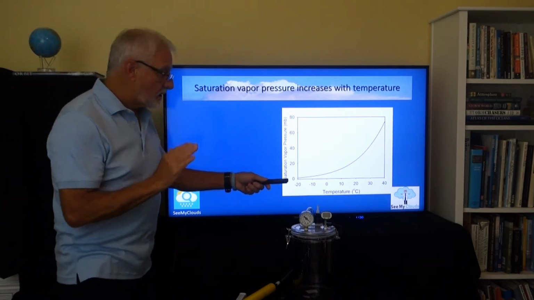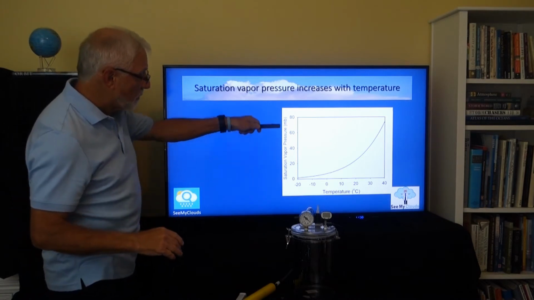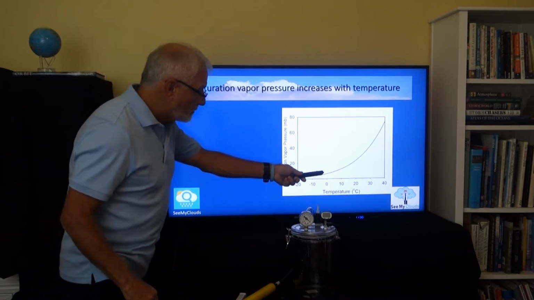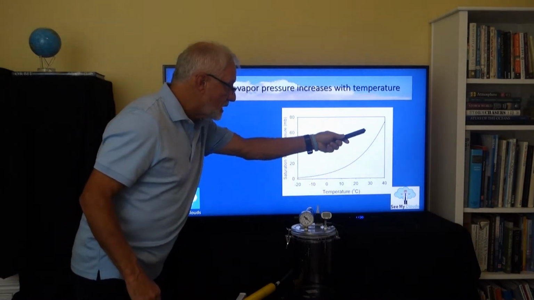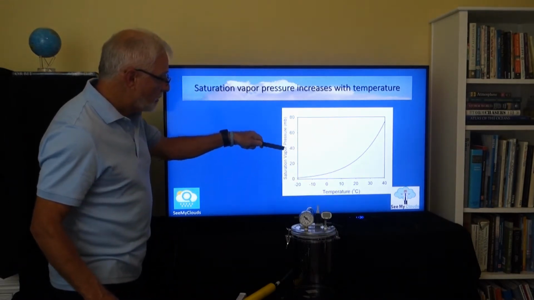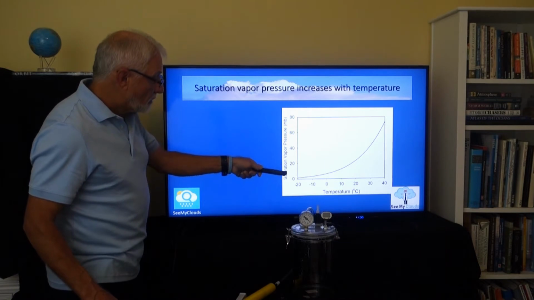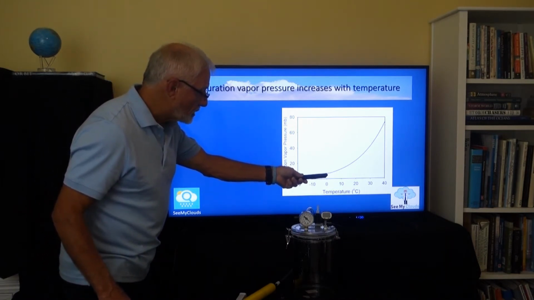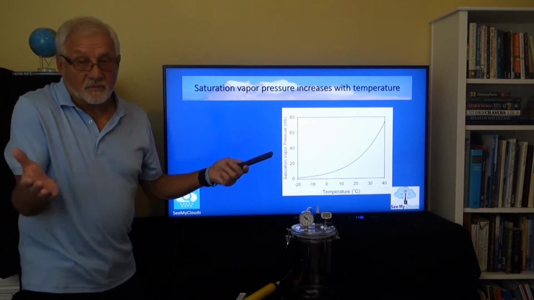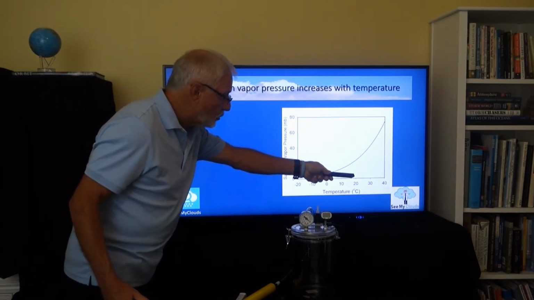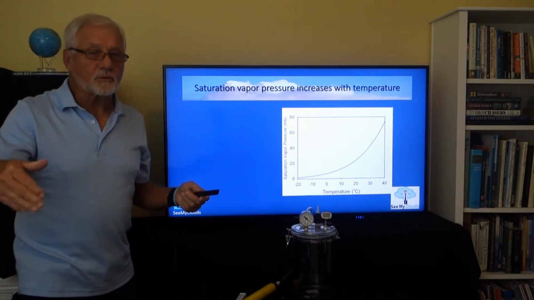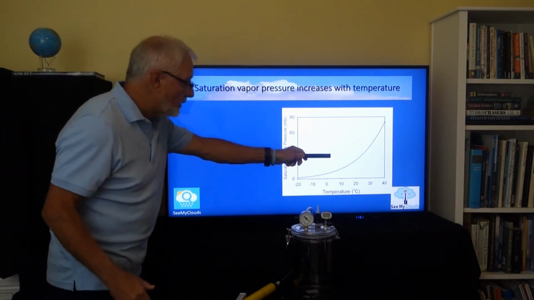But back to the point here of the saturation vapor pressure, this is where we have that equilibrium inside the volume. We see as the temperature increases, so does the saturation vapor pressure by a fair amount. So for example, at 0 degrees, the vapor pressure here is about 6 millibars, where if I go up to 20, it goes up to about 23 millibars or something of that order.